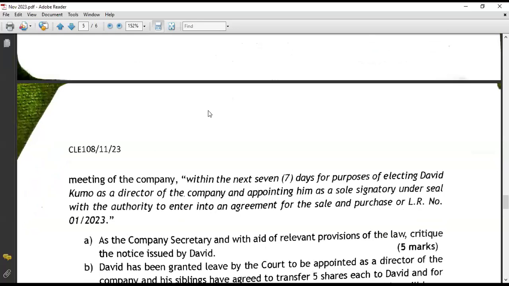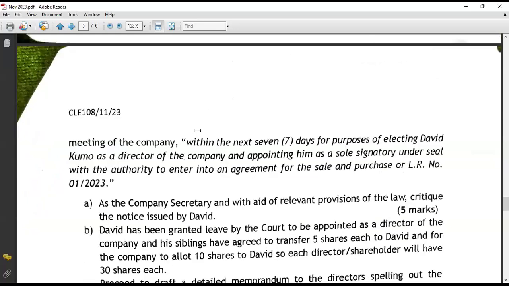Very good. So the other thing is the notice is not ordinarily 7 days. I think it's longer. So the question is also testing your knowledge on the notice, how a meeting is called by directors in a private company.